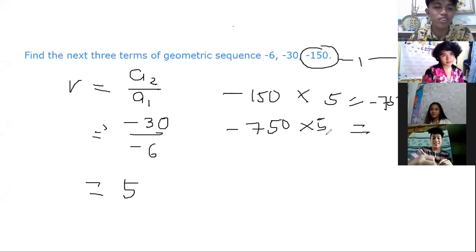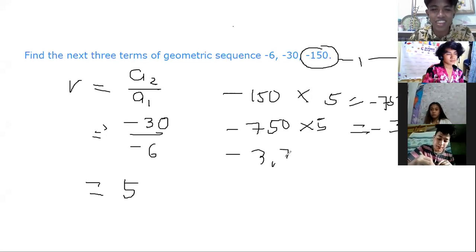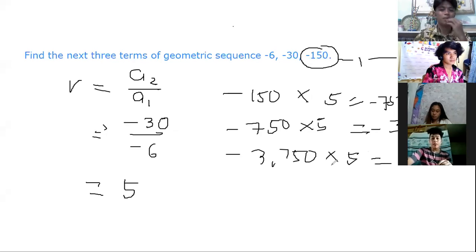Oh, yes, Jefferson. What's the answer? Negative 3,750. Very good. Negative 3,750 times 5. Okay, ito lang yung gagawin, class, kasi kailangan mo mag-multiply ng paulit-ulit. Don't use calculator, ha?